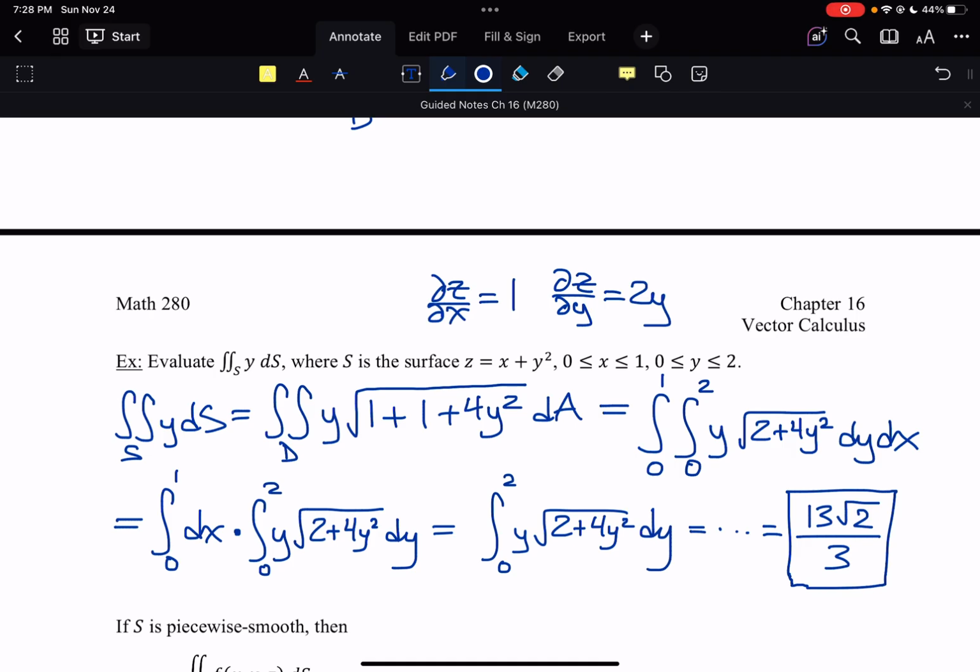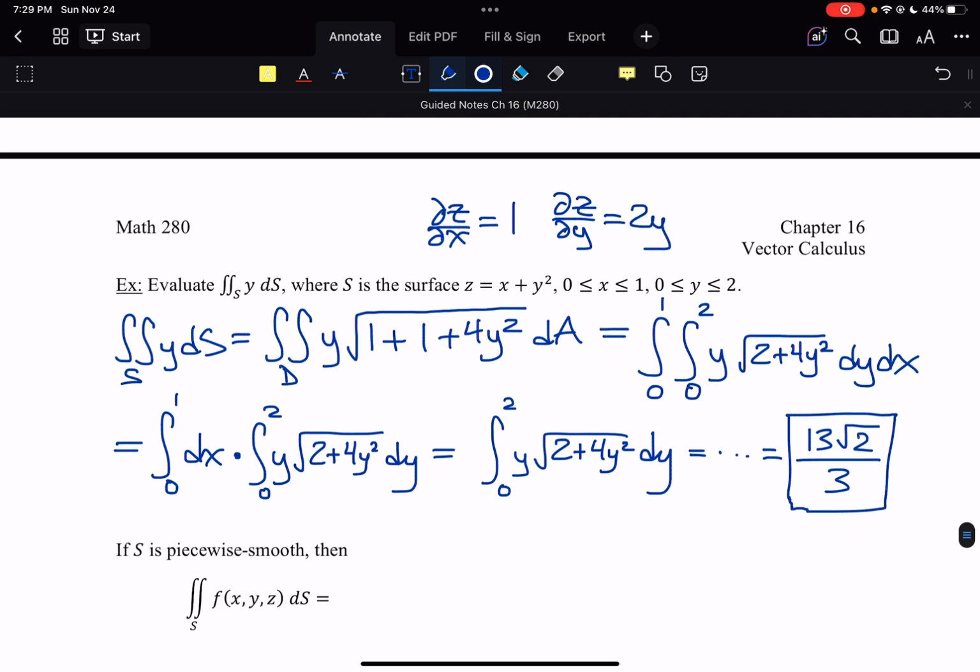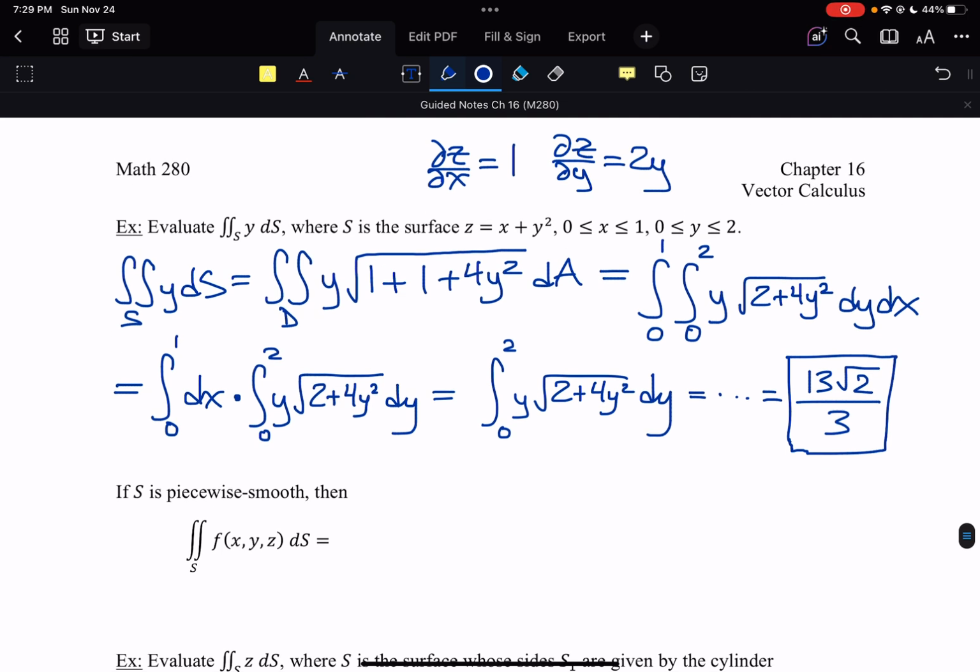So having the surface described using a functional relationship allows us to cut through part of that process and solve it a little bit more efficiently. Now, if we have a surface that is not defined using just one formula, if we have a surface that is piecewise smooth, one where multiple different pieces have come together to form the surface, evaluating the surface integral is just as simple as evaluating the surface integral over each individual piece.